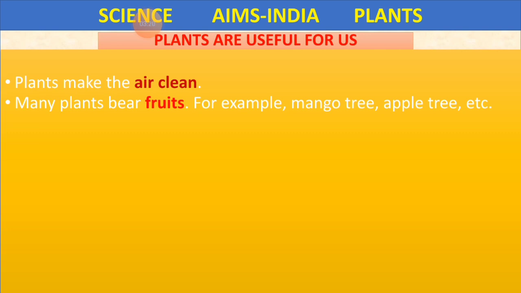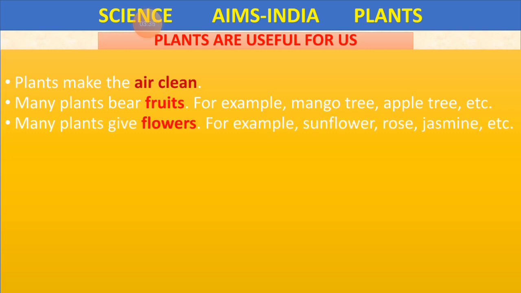Now, many plants bear fruits. Plants give us tasty fruits. So we have taste and we also have good health by taking fruits, for example mango tree, apple tree and many more. And plants also give us flowers. Flowers are used for many purposes.